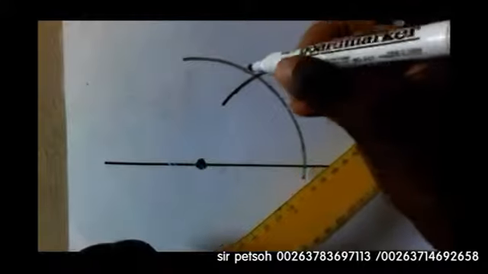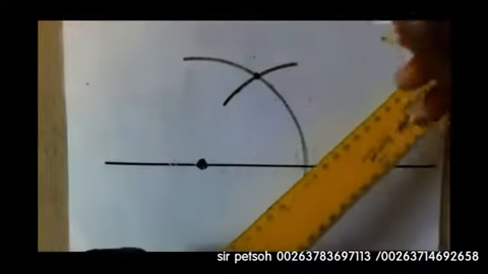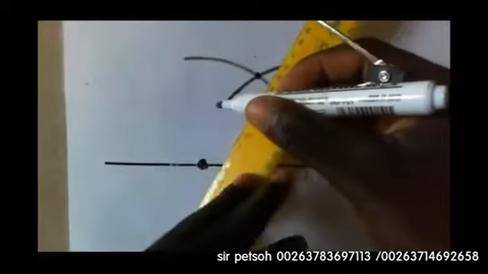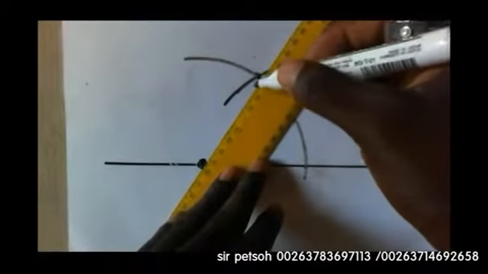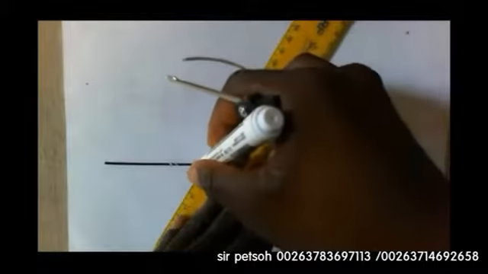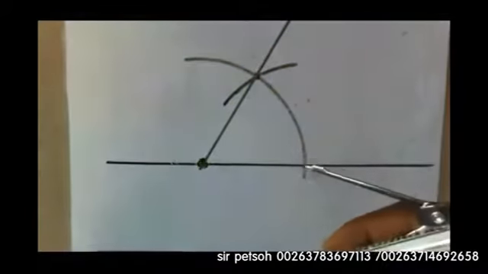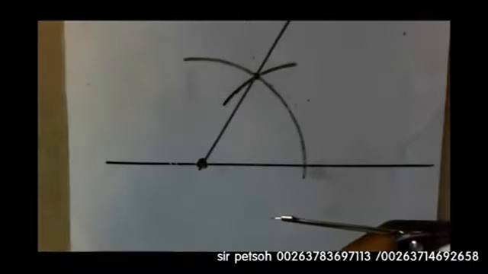So join these 2 points, the point at the intersection of 2 arcs and the origin of 60 degrees. This is an angle of 60 degrees to the right side.